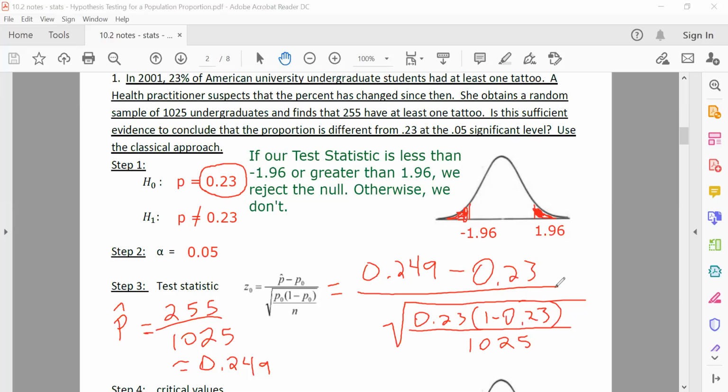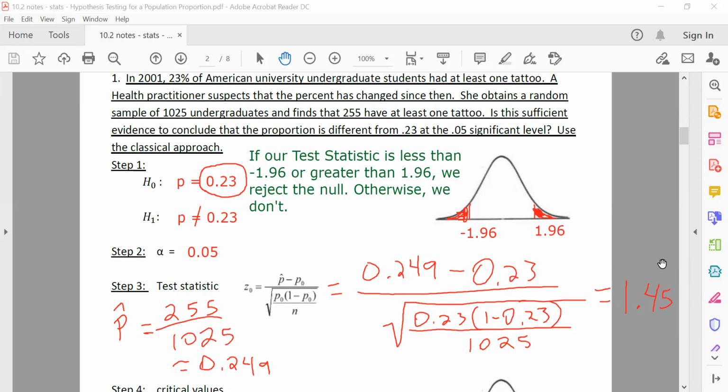We're going to get a test statistic value of 1.45. So we got 1.45, but if our test statistic is less than negative 1.96 or greater than positive 1.96, which it's not, we reject the null.